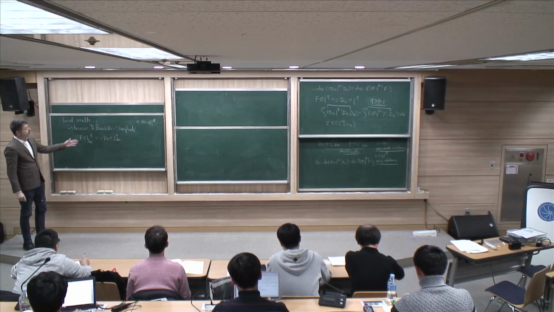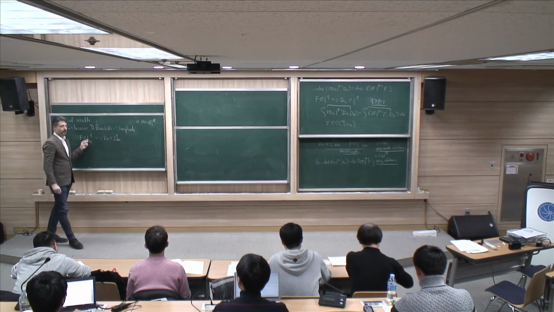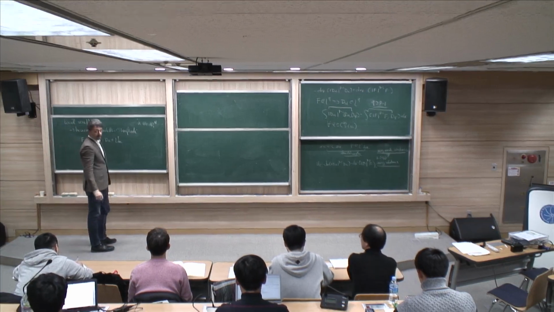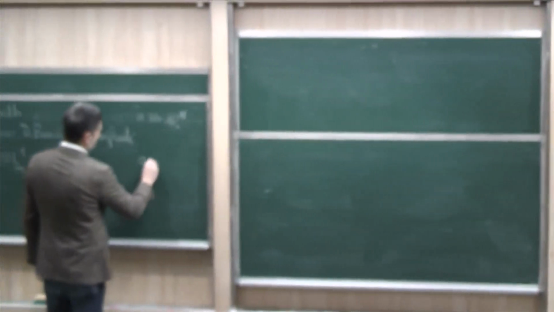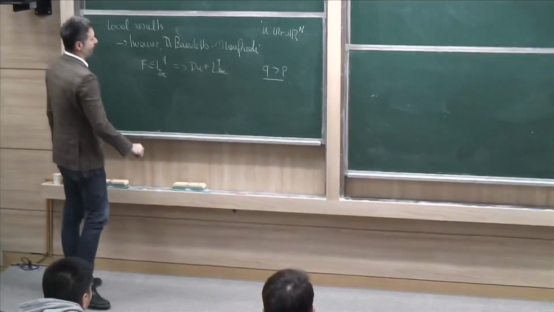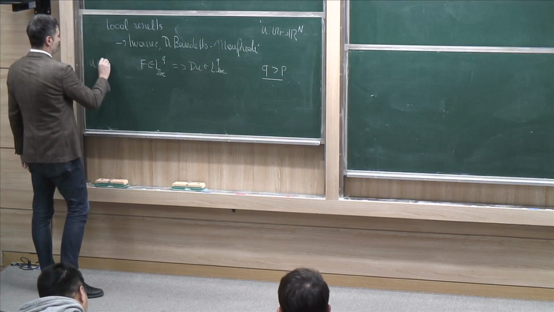And you can even achieve a borderline case when F belongs to BMO, sort of a limiting space of the L^q spaces, then the gradient belongs to BMO. But this holds when p is larger than 1. And they start from energy solutions.